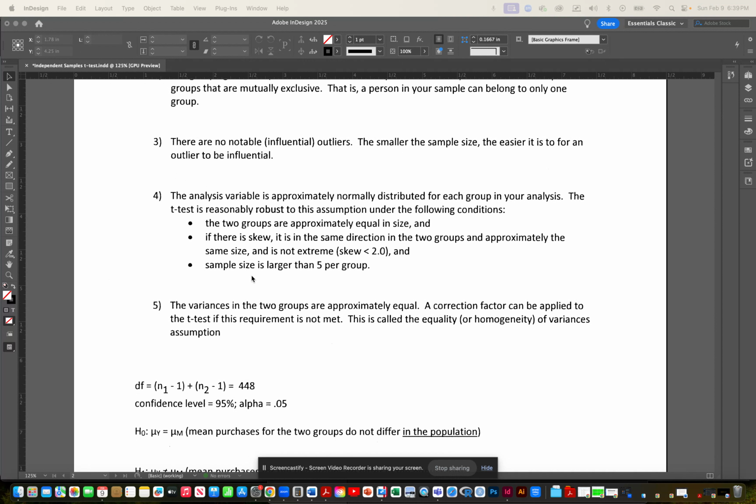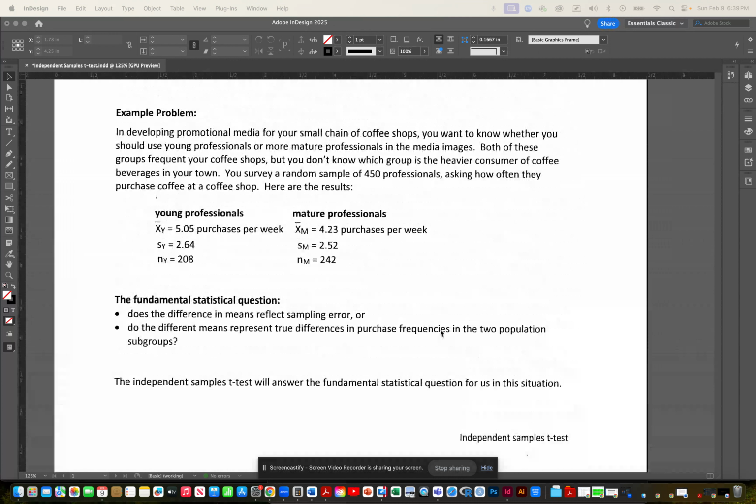So there is that also. Okay, number 5, this condition is what we call the equality or homogeneity of variances assumption. Okay, so assuming that we have met all those 5 requirements for this example problem, then we can move forward.